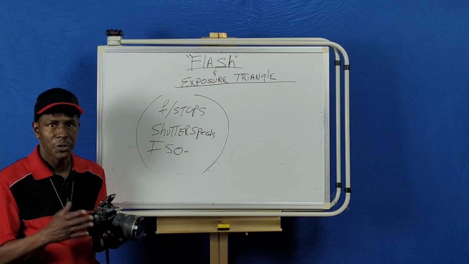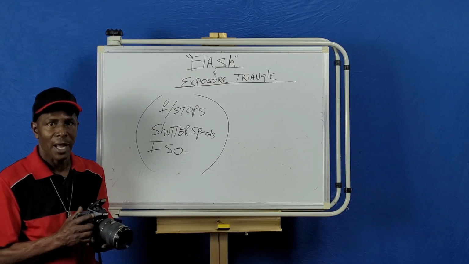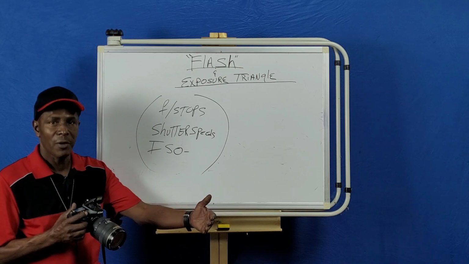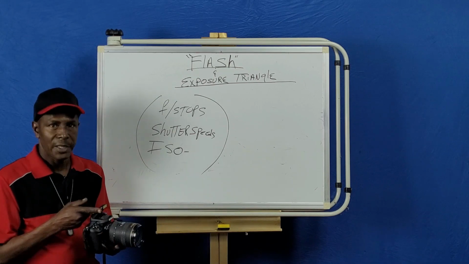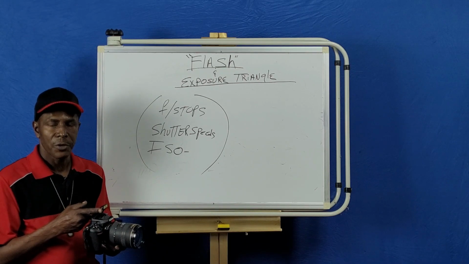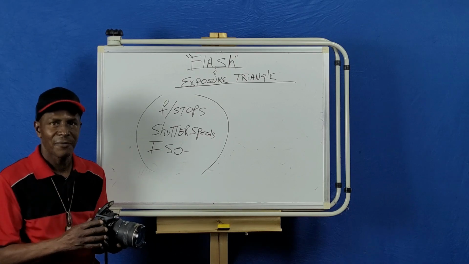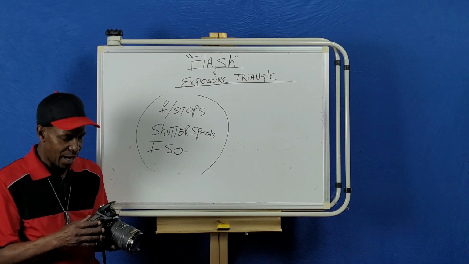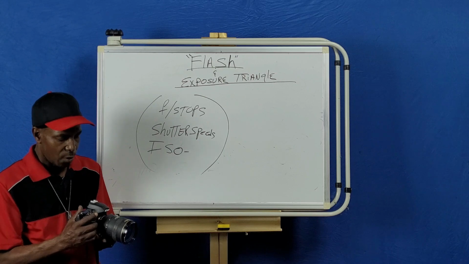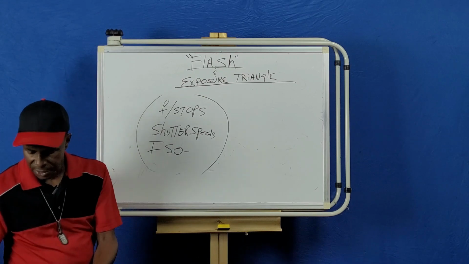After that, the inverse square law kicks in, where light falls off the farther you are from your subject. It's okay to use if you're within 5 feet, but it is just not something that I would use. So I always get what's called an external flash.